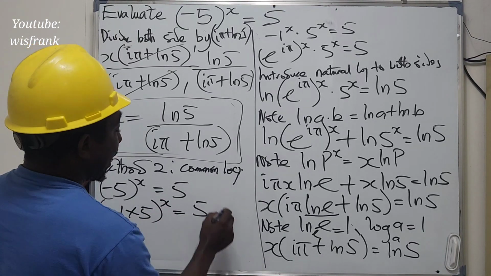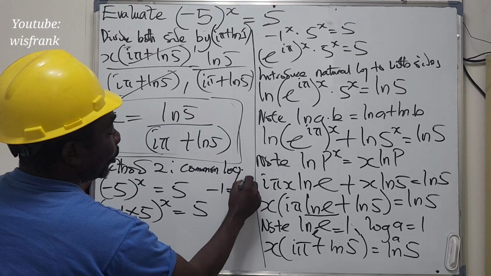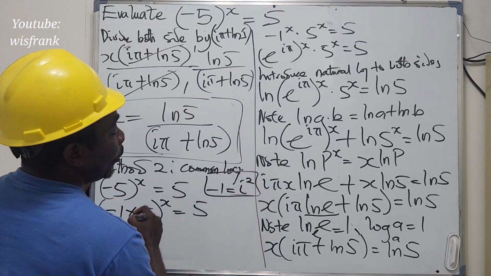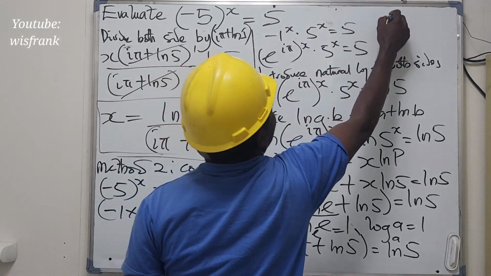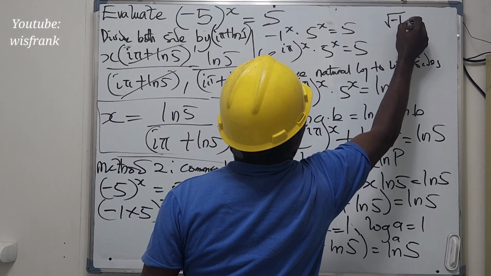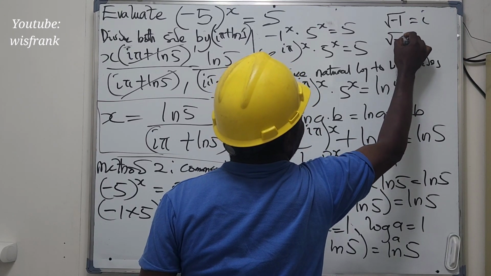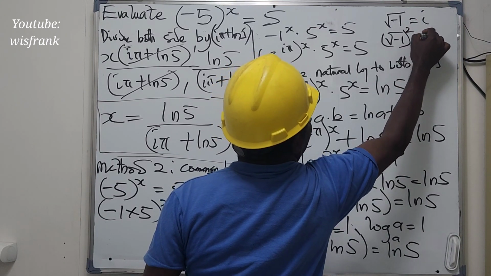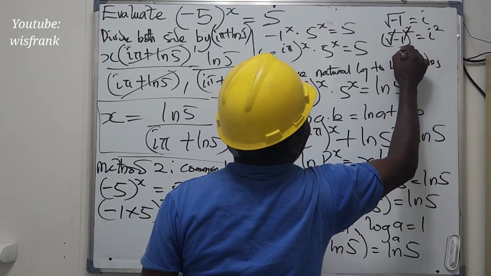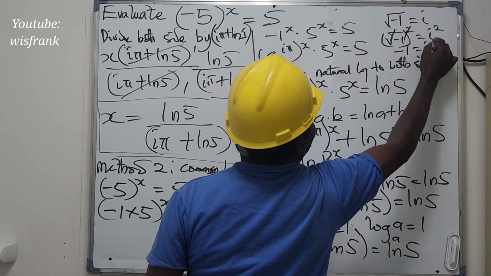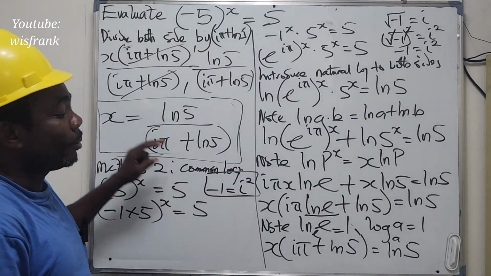We recall that -1 is the same thing as i^2. So we used to have square root of -1 equals i. When we square this, the square root cancels and we have -1 equals i^2. So that is why we have i^2 as -1.